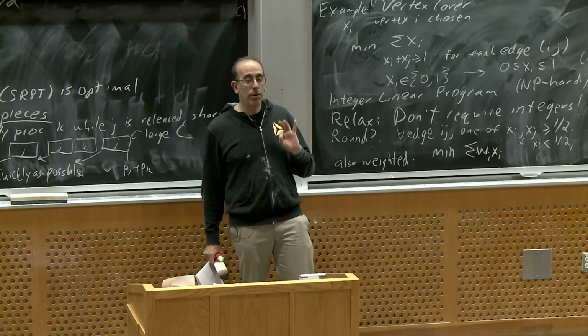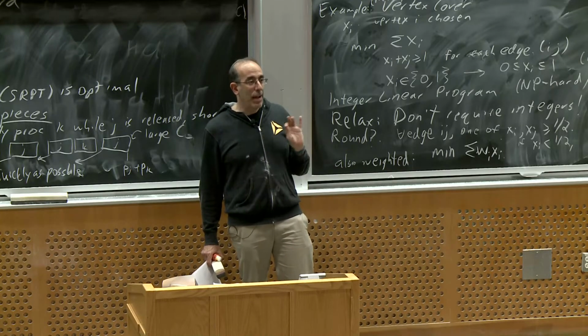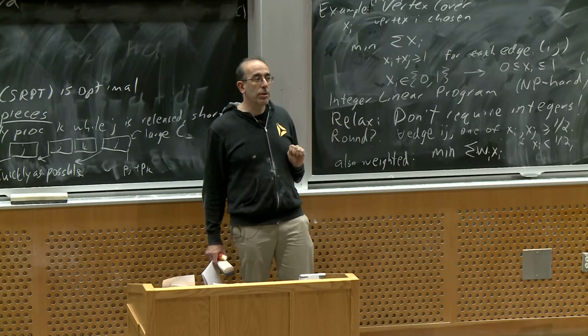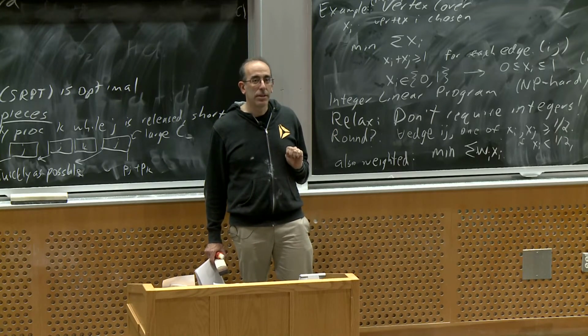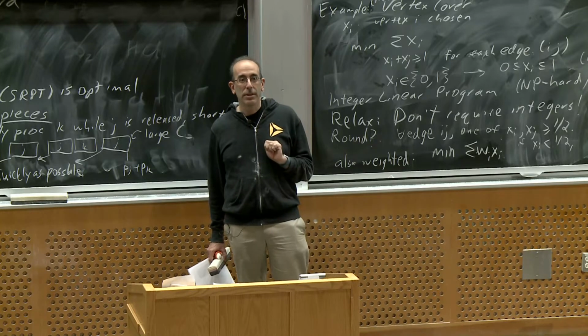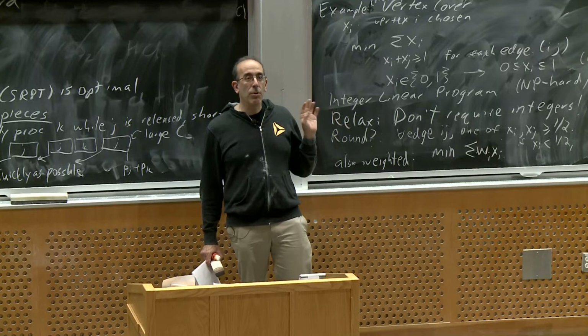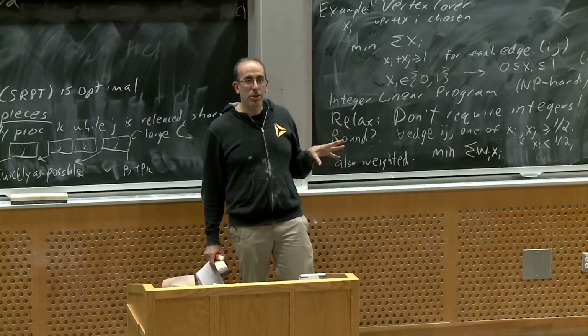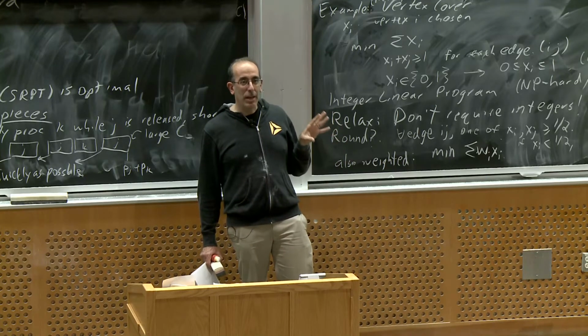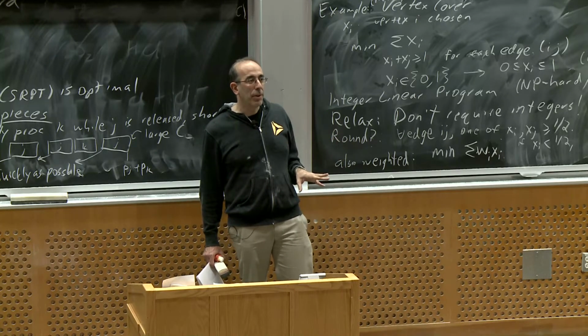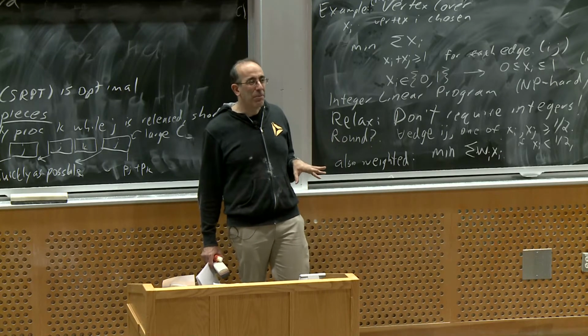Does anybody remember a place where we wrote down a fractional linear program, but I argued that the solution was always integral? Yeah? Max flow, right? So when we proved that there always is a maximum flow that is integer, what we were actually proving was that there are integer vertices of the max flow polytope, which is another polytope that has been studied a lot.